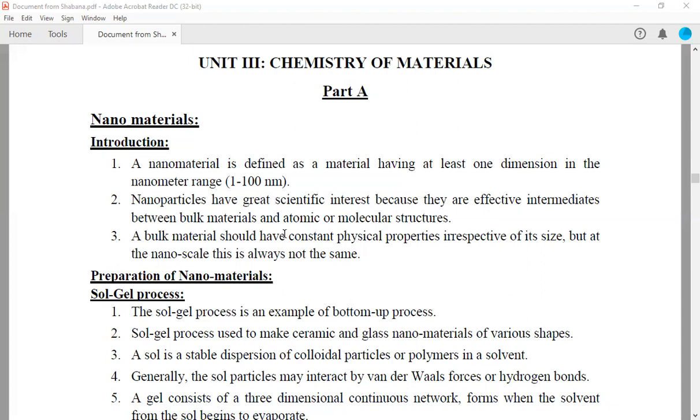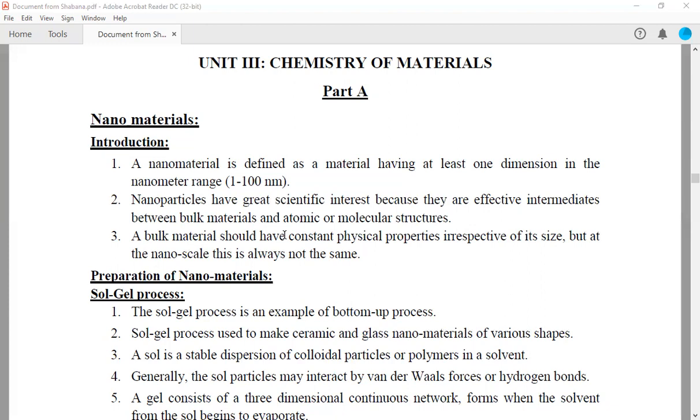Coming to the significance of nanomaterial, the significance is due to its small size. They exhibit unique properties that are different from those observed in bulk material, like melting point, reactivity, reaction rate, electrical conductivity, color, transparency, etc. Nanomaterial may be biological, inorganic, or organic by origin.